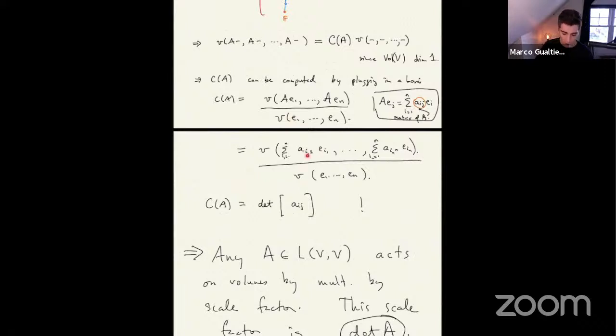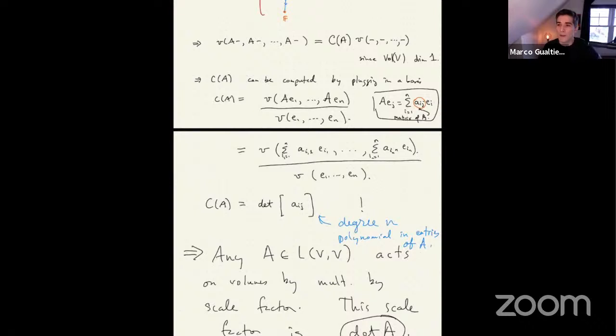And then you get this alternating sum of products. You get this crazy nth degree polynomial in all of the entries of the matrix. So this is some degree n polynomial in the entries of A.